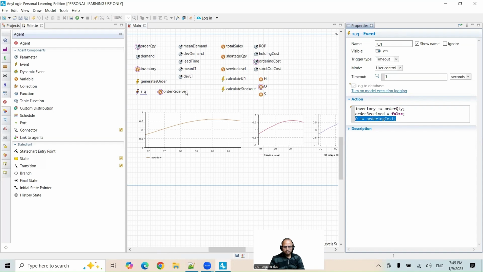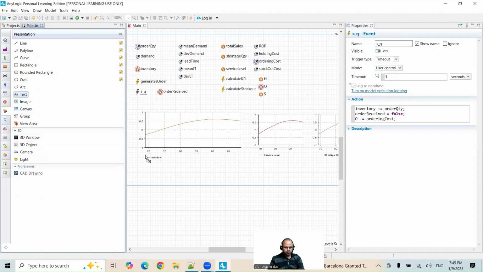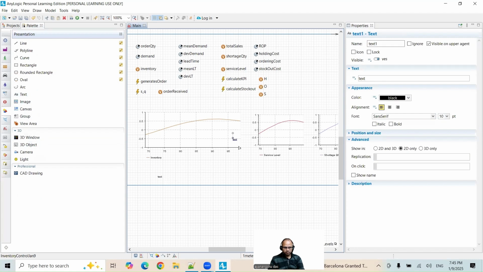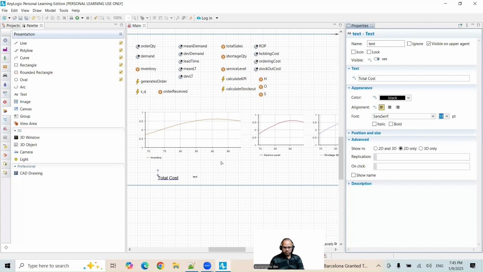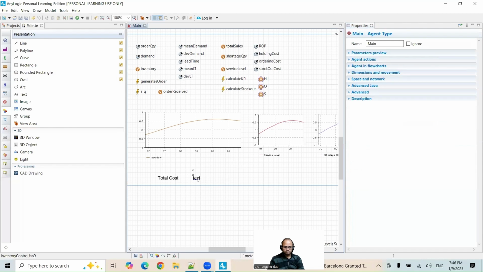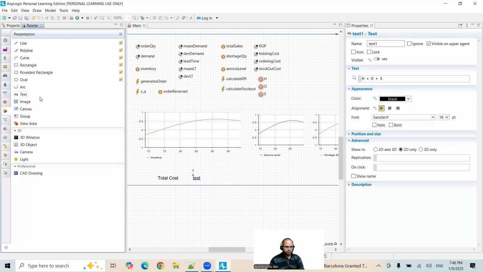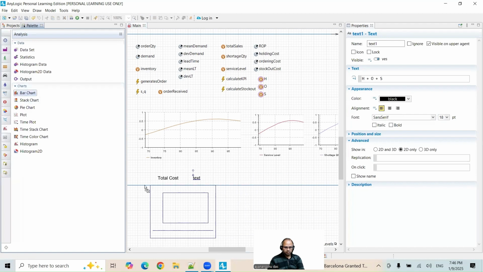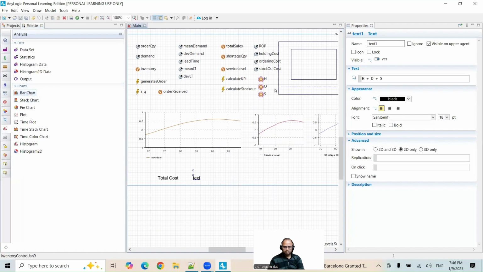Now to depict these costs, we will have the costs calculated or shown. We'll say total cost, calculated based on these three values. You can have a bar chart also to show the total cost.